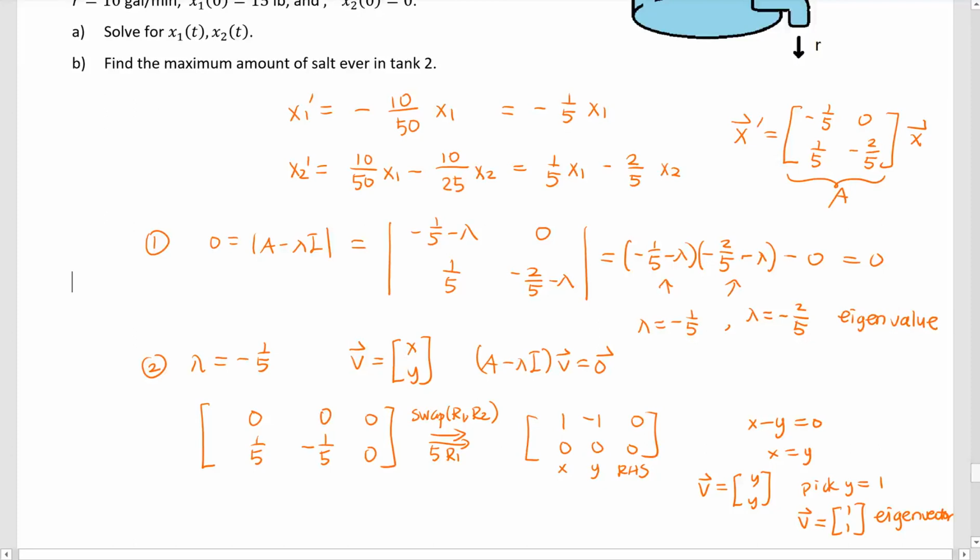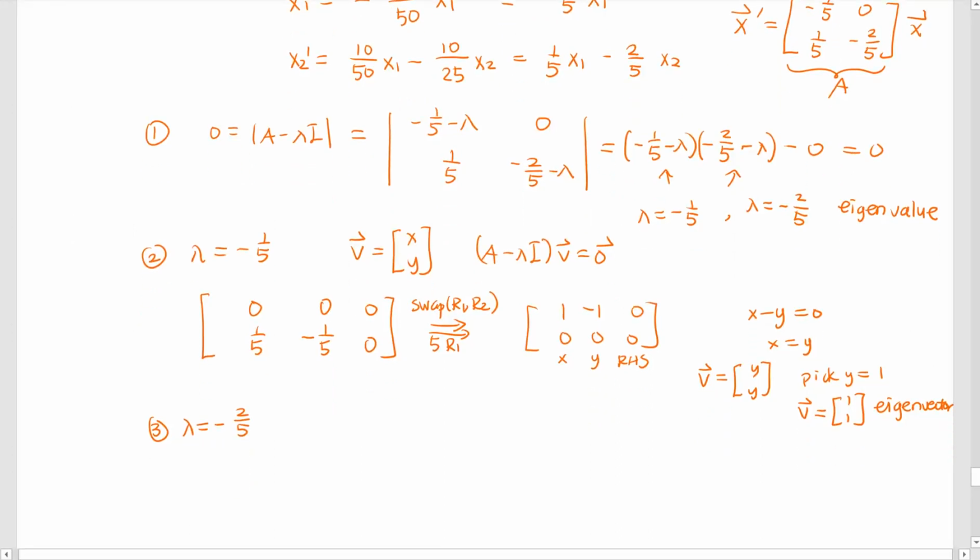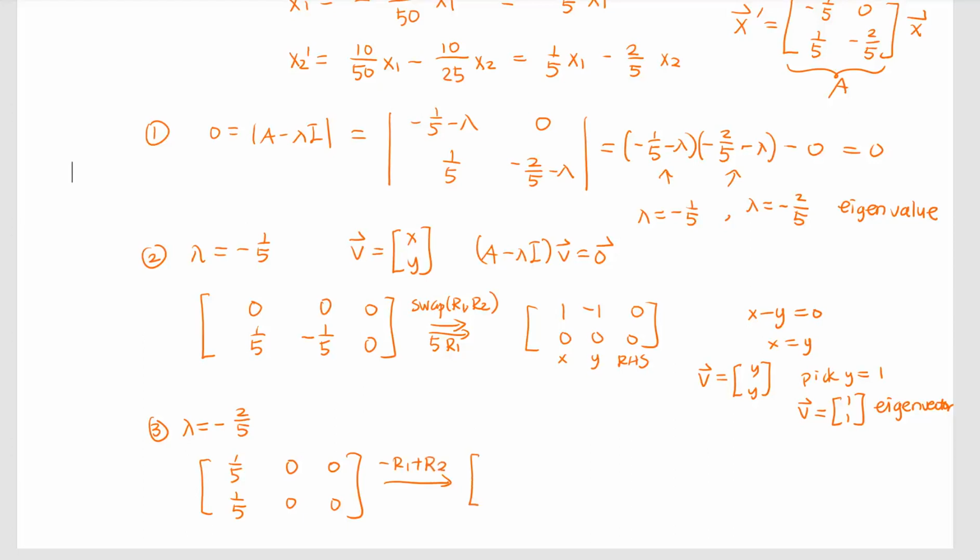And for the second one, let's continue. When lambda equals negative 2/5, what is A minus lambda I? Well, minus 1/5 plus 2/5 is 1/5, and we have 0. And 1/5 minus 2/5 plus 2/5, 0. You see here, they're the same. So minus row 1 added to row 2, we get 1/5, 0, 0, 0, 0, 0.